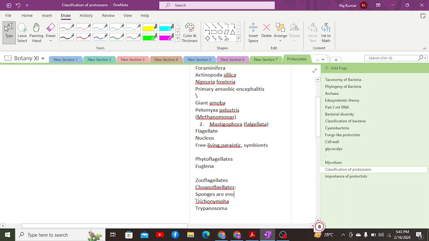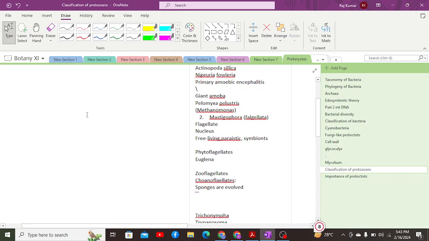Now, the structure of the conoflagellates is such that they are colonial flagellates. They live in a group of five, such that if I'm supposed to draw the structure, let's suppose this is a delicate stalk which is attached to the rock or any other surface, and that stalk contains a conoflagellate attached.